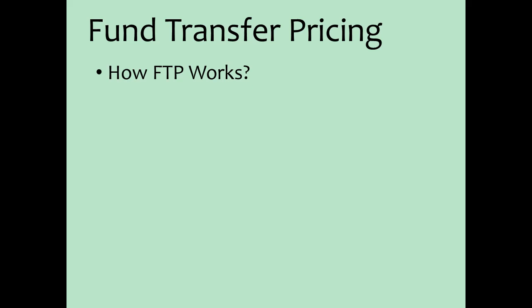The key theme of FTP is that it enables frontline business units to lay off interest rate risk in their loans and deposits to a central treasury function, which allows management to manage credit risk and operational risk across the business units. That is how FTP works. It is both a regulatory requirement and an important tool for managing a firm's balance sheet structure.